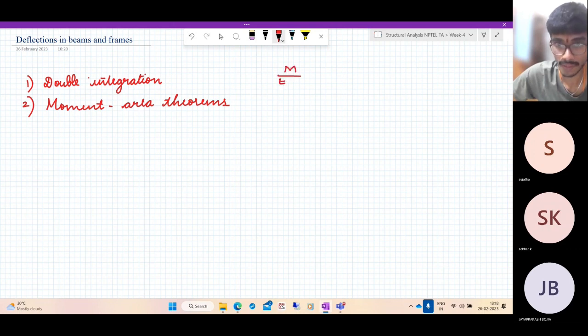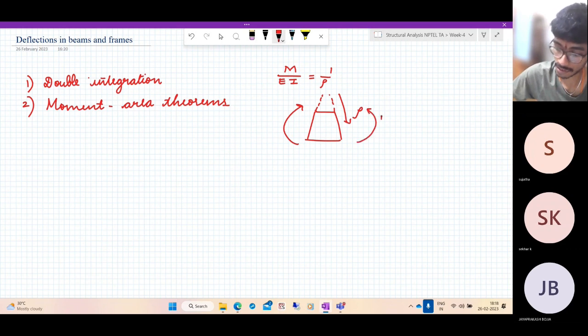We have M by EI, which is the curvature, which comes from the beam bending analysis, where the radius of curvature is rho and a moment M is applied.